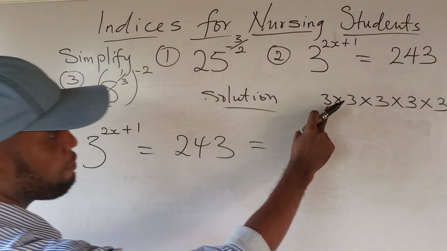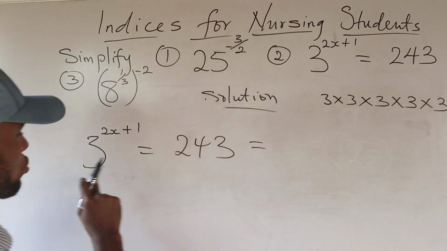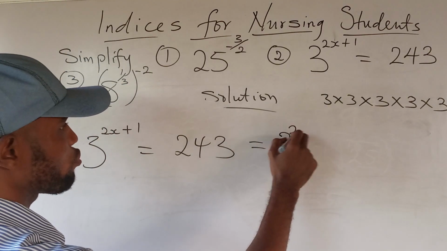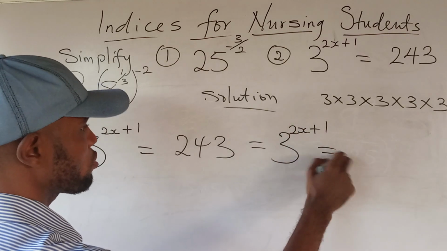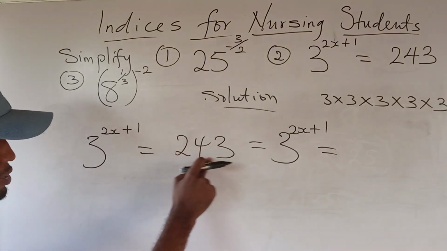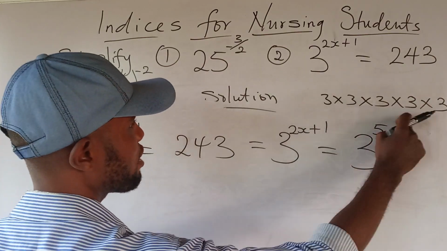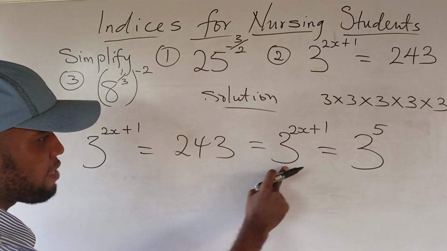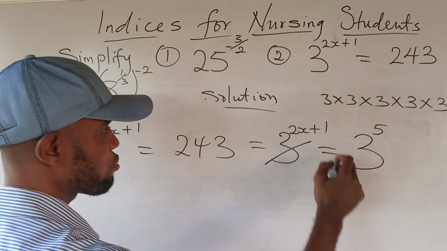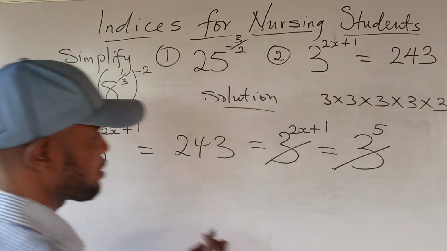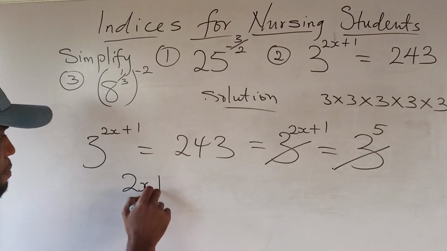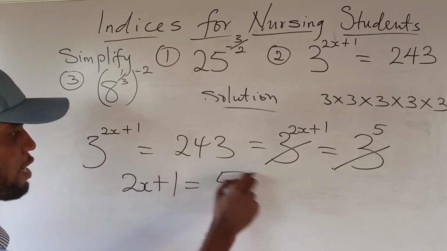So that means that we have 3 in 5 places. So we are going to write 3 raised to power 2x plus 1 equal to, so this 243 becomes 3 raised to power 5, because we have 3 in 5 places. So the base now is the same, so you can use this base to cancel this base. So we have 2x plus 1 equal to 5.